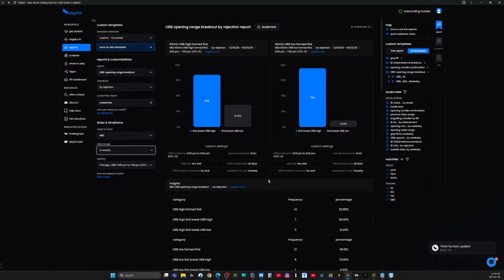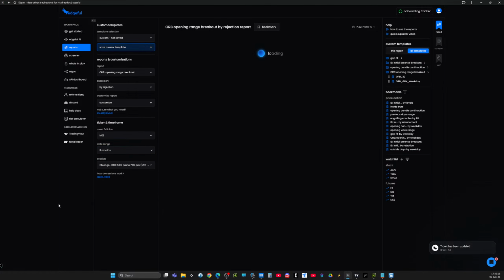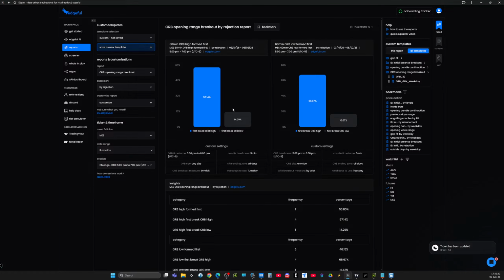So you risk leaning on random distribution rather than good statistical data. I bet if we take this to a month, or three, let's make it 3 months and see what happens. Yeah, see how these change?